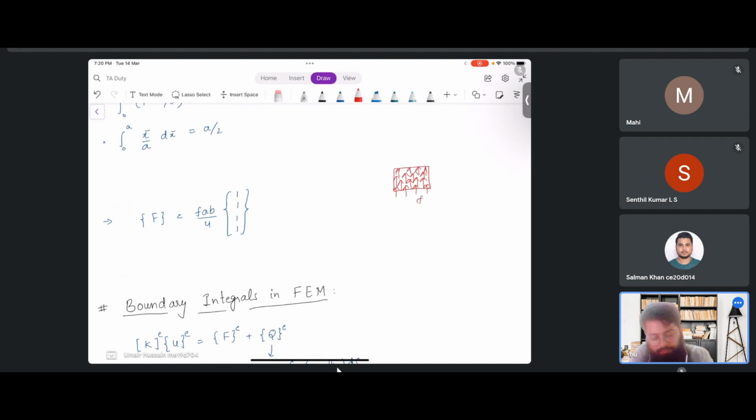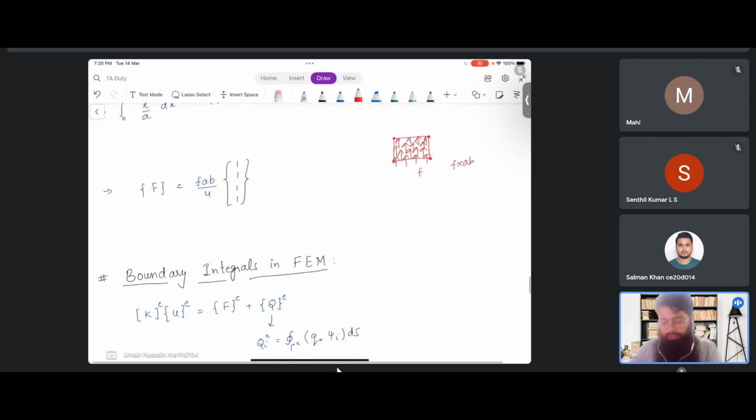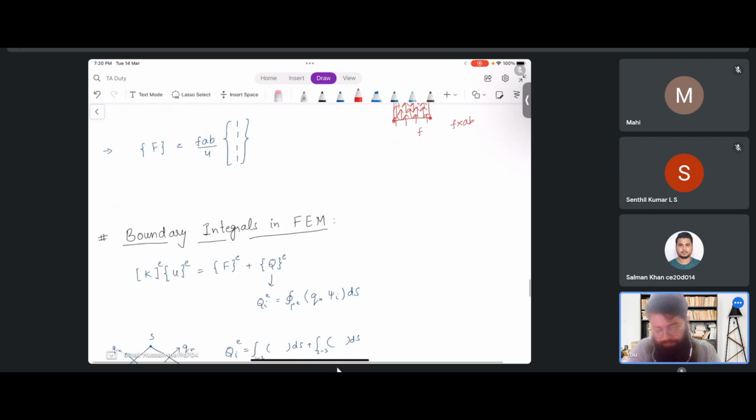If we have a given force F here, the total force would be F times the area of the rectangle, right? And this total force would be equally distributed among the nodes, right? Again, that is intuitive and kind of confirms things for us, a kind of verification.